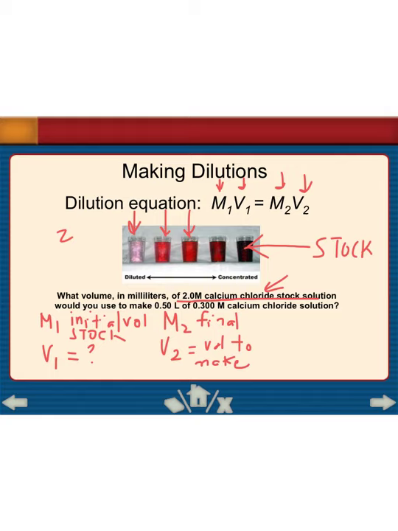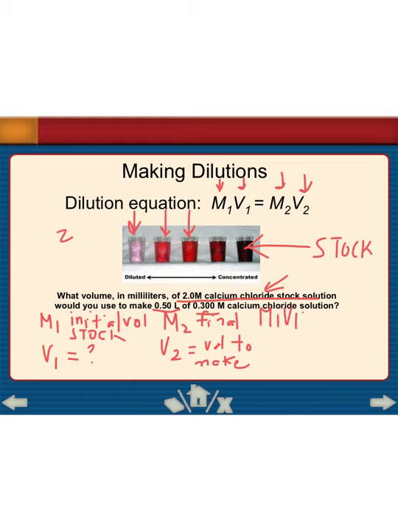So taking a look at this, 2 molar is our stock solution. We don't know how much of it we need to use, so that's in question. The final concentration is going to be 0.300 molar, and we want 0.5 liters.